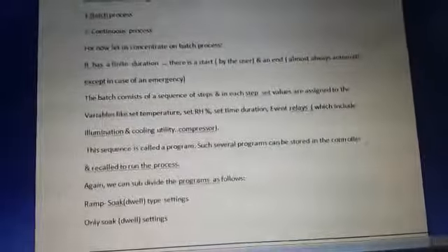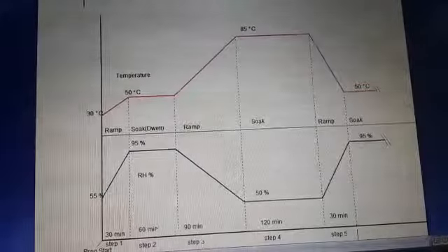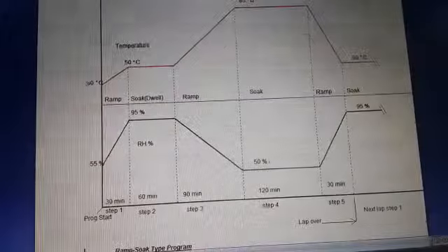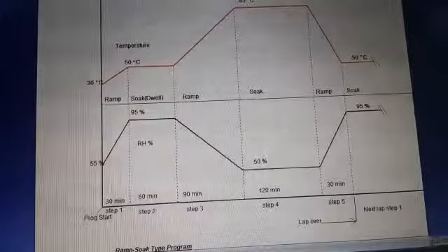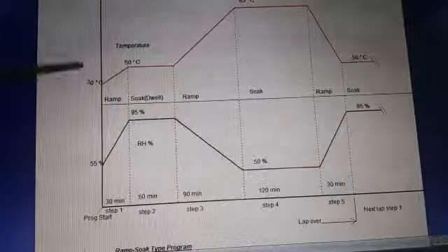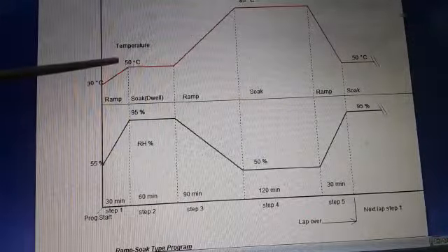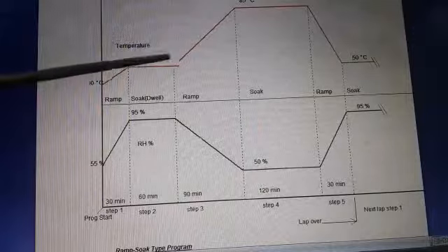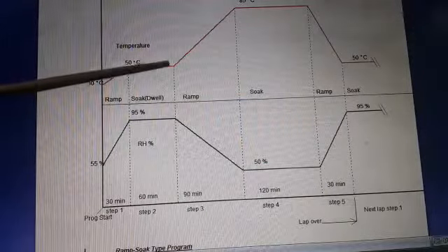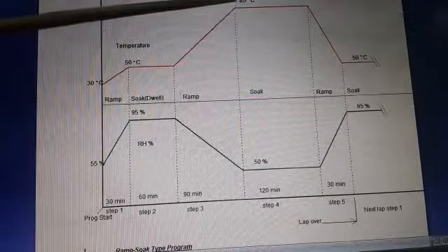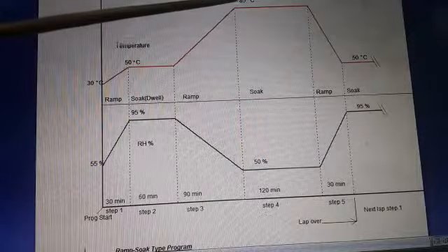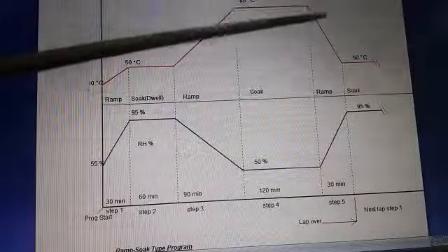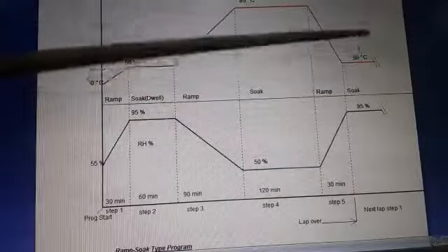Now, here I am showing you a ramp soak type of program. You can see the temperature rises to 50 degrees in a ramp fashion, soaks for 60 minutes, rises to 85 degrees in 90 minutes, soaks for 120 minutes, that's 2 hours, and comes down to 50 degrees in again half an hour.